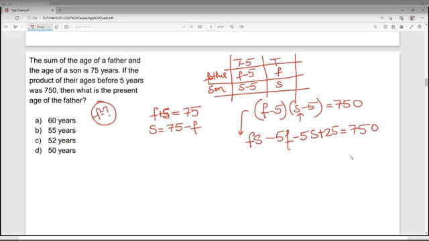So you can keep this fs here and you can take this minus 5 common here. So you will get fs minus 5 times f plus s, plus 25 is equal to 750.